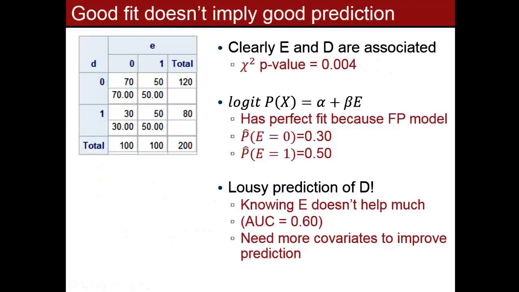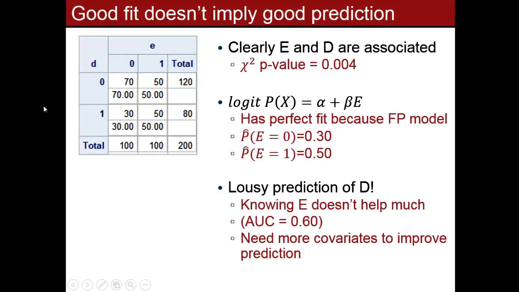So to motivate that, here's a really basic example to show that really good fit does not imply good prediction. Here's a 2x2 table. Columns are a little flipped, SAS likes to put zeros before ones, so I'm sorry.